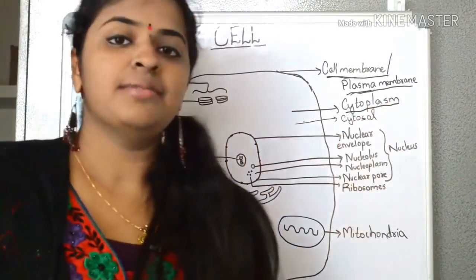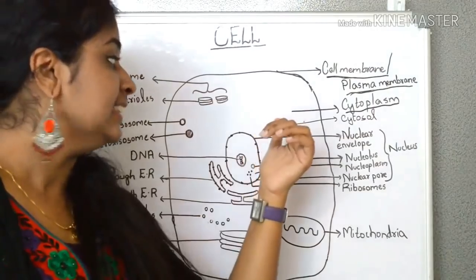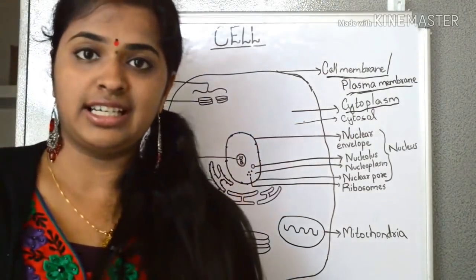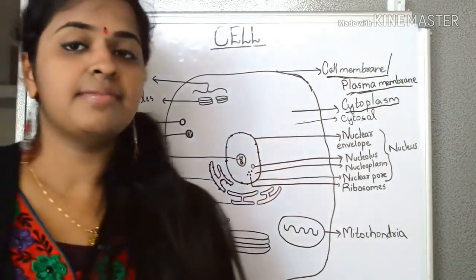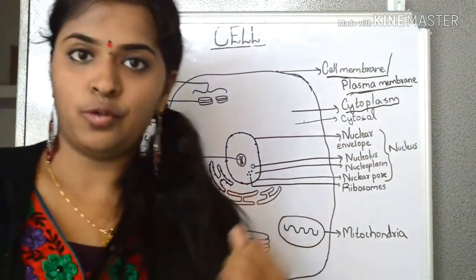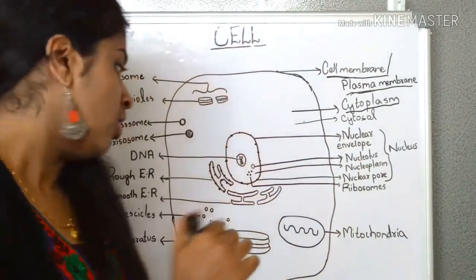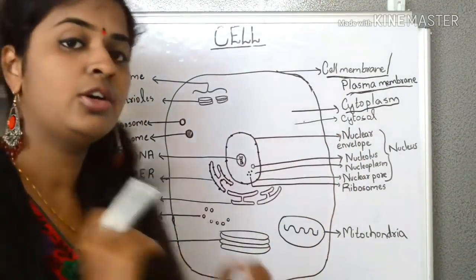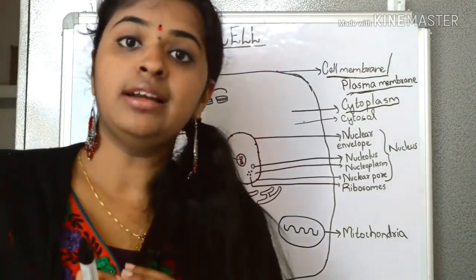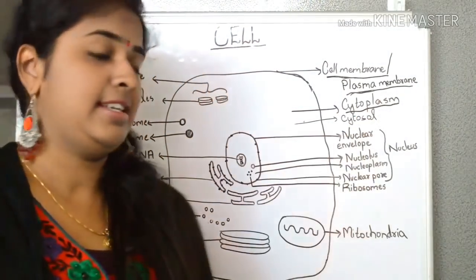This cytoplasm also contains some digestive enzymes and nutrients, and these digestive enzymes will help in metabolism as well as killing the foreign agents. This cytoplasm also helps all these cell organelles to fix in a particular position. So that is the role of cytoplasm.